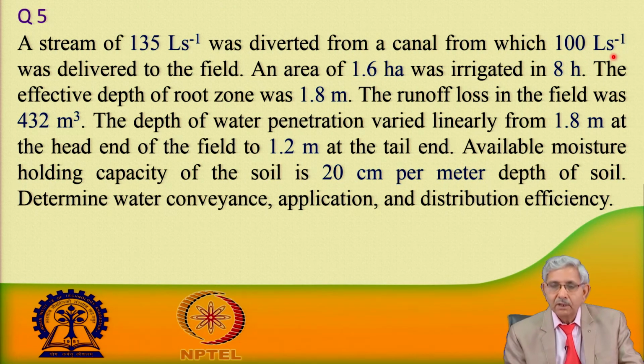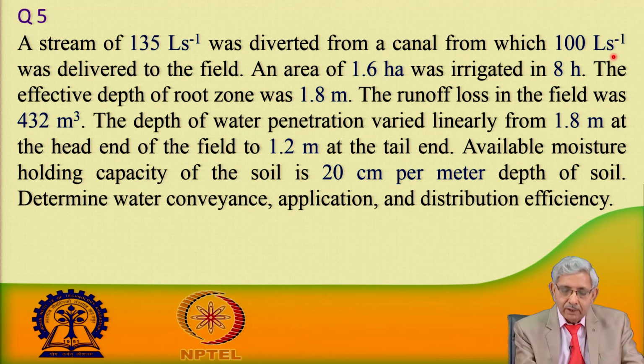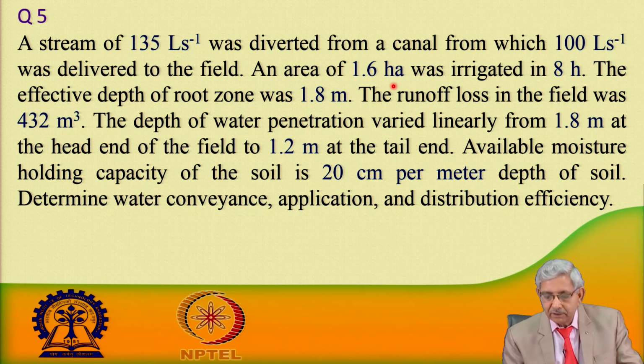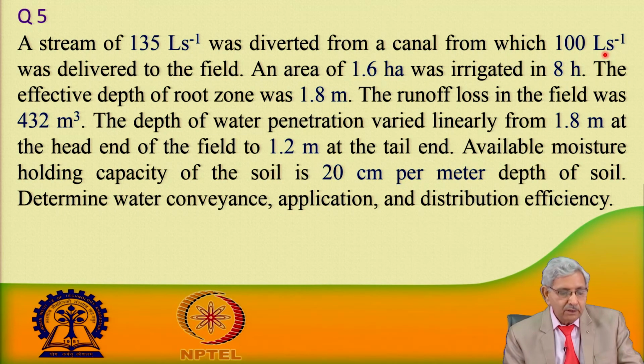So, there is a considerable loss of water through the conveyance system. An area of 1.6 hectare was irrigated in 8 hours by using the stream of 100 liter per second. The effective depth of the root zone of the crop is 1.8 meter.